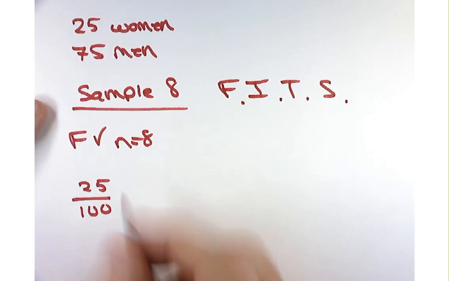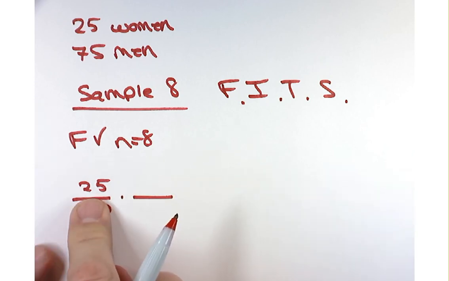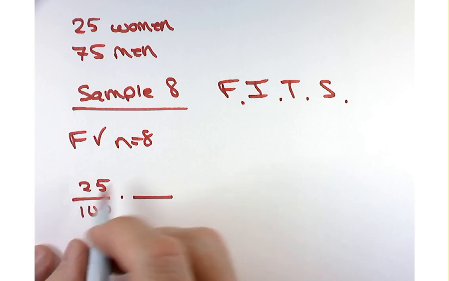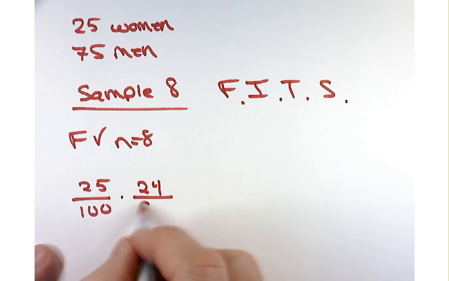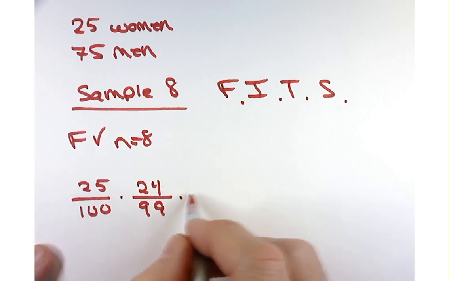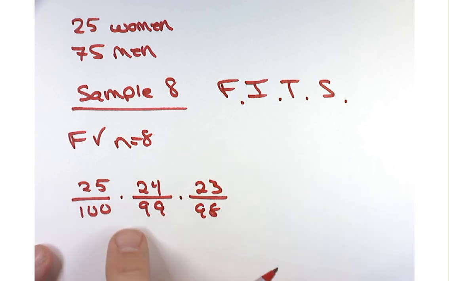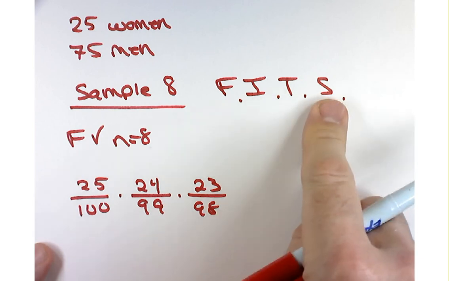If we sample without replacement, Tahara, after we take out that first sample, assuming that we got a woman for the first one, how many are left? 24 out of 99. And then if you try and get a third one, it's 23 out of 98. What's happening to these probabilities? They're changing, right? And that's the short story, they're not staying the same.